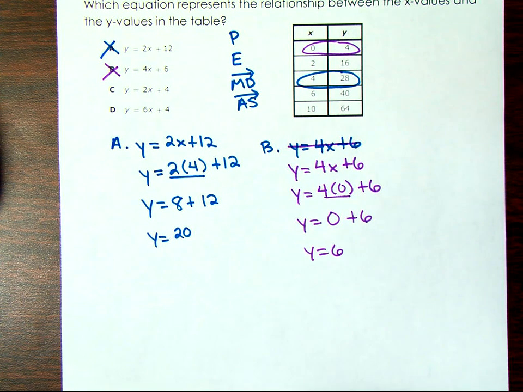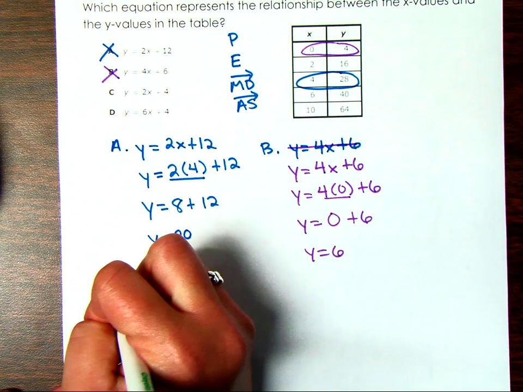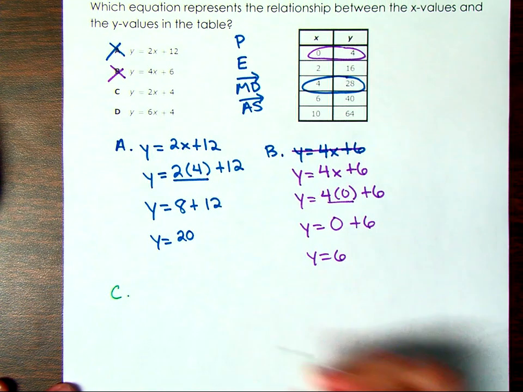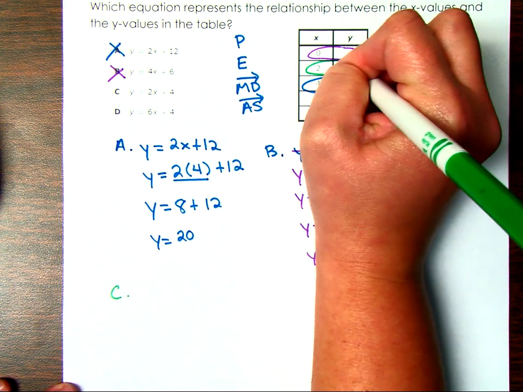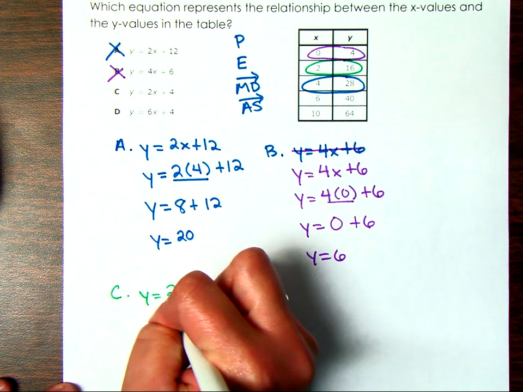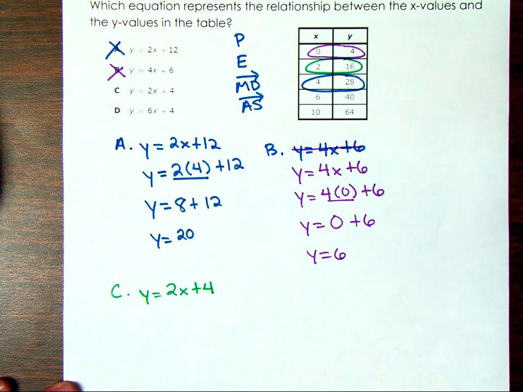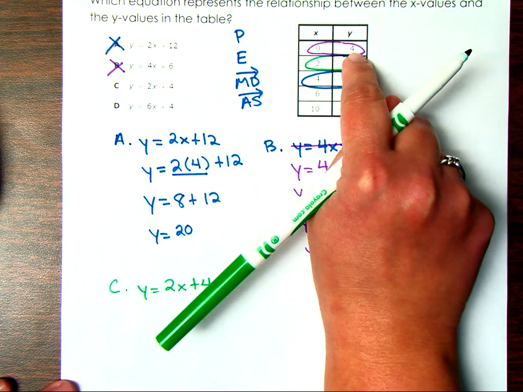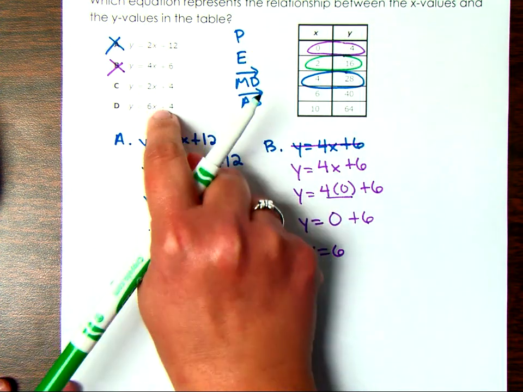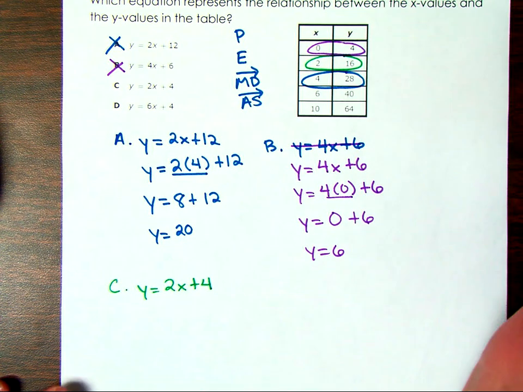So let's go ahead and look at letter C. We're just kind of doing process of elimination. So let's try this one. Y equals 2x plus 4. And again, it doesn't matter which ones you try. You could stick with when x is 0, y is 4, and you could have done that for all of them. We're just kind of showing you that you can change it up as well.